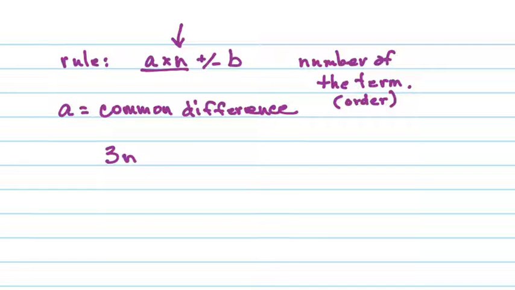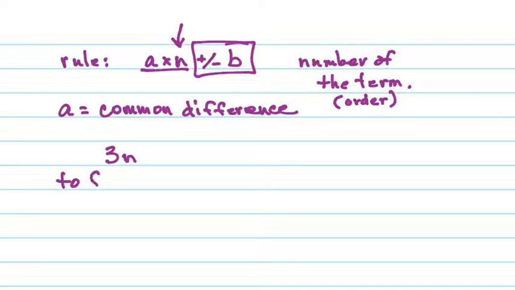Okay, now what we want to do is we want to find B. Well, B is easy to find using your first digit, the first number in the sequence, and your A. Okay, so here's how you do it.